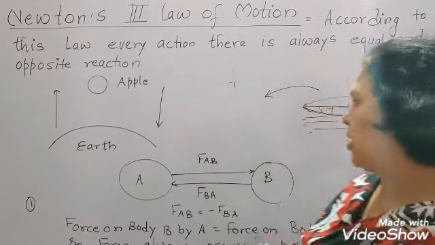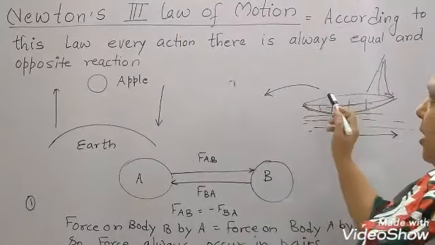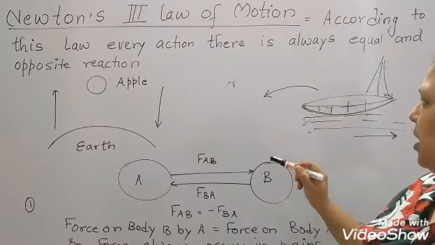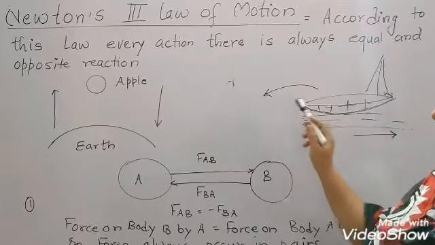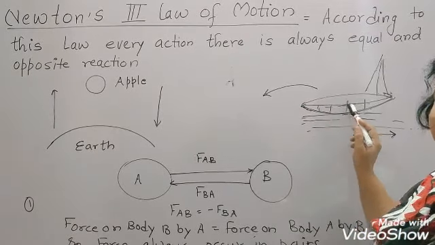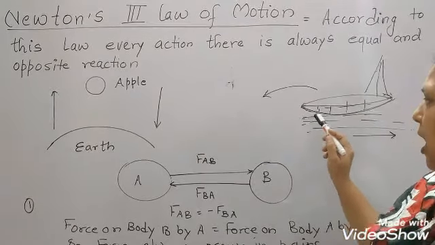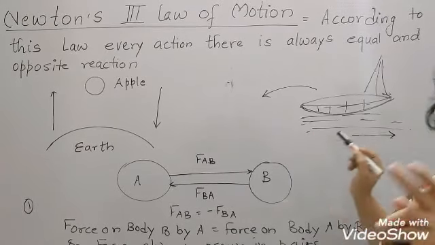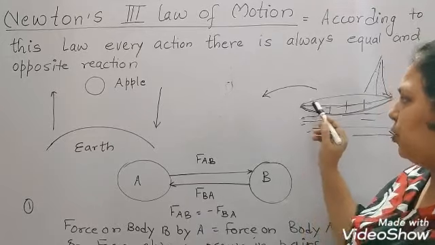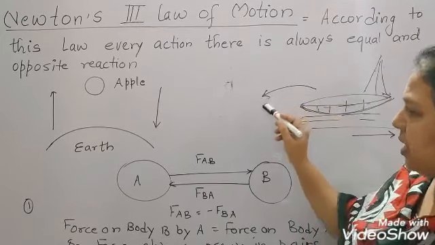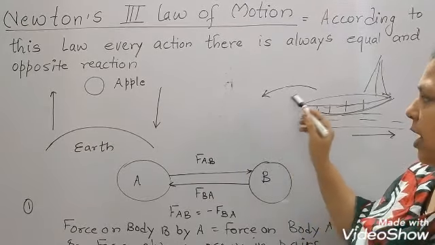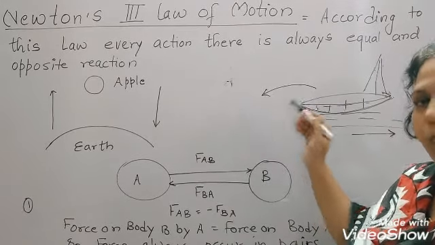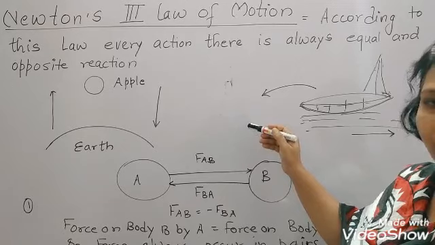For example, you can see here, when a man steps out from a boat onto the bank of a river, the man pushes the boat with his foot and the boat moves in the backward direction. At the same time, the boat applies a force on the man, so that the man moves in the forward direction, or the man jumps out of the boat.